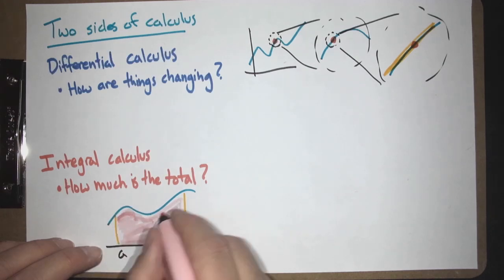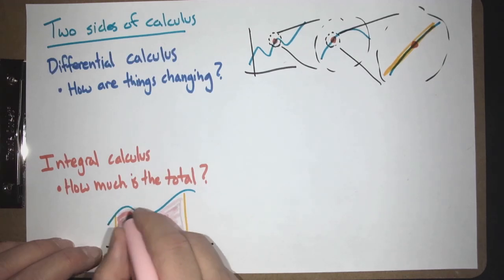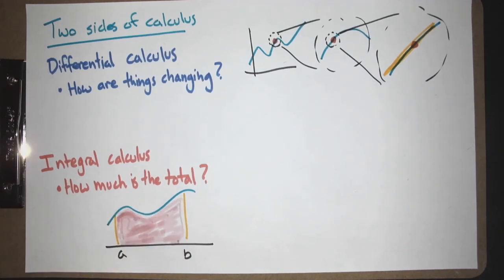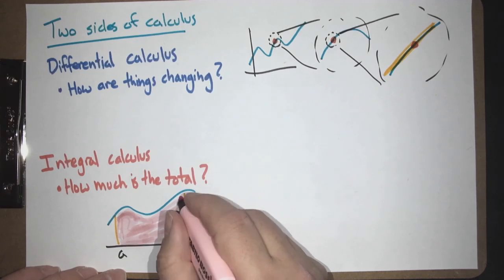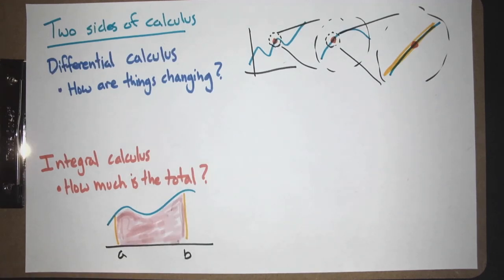When we were answering our first round of questions, differential calculus, we had a flat thing to help us. The line was our flat thing. Wouldn't it be nice if we had a flat thing here?